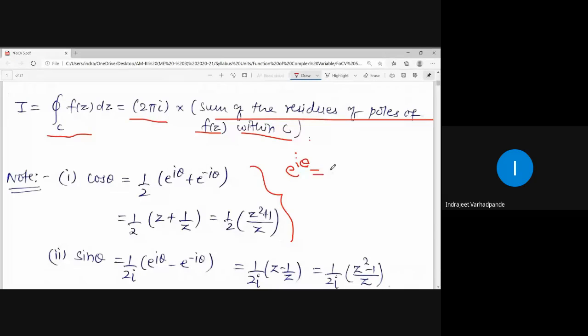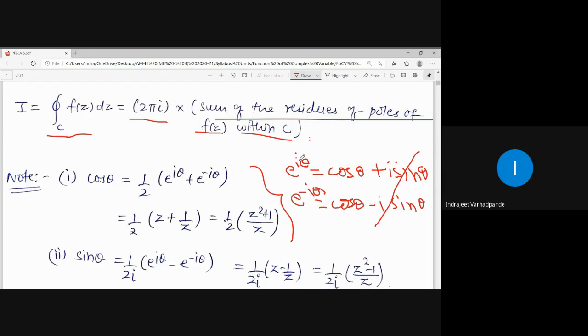E to the power I theta is cos theta plus I sin theta. What is e to the power minus I theta written as? क्या होगा ये? Cos theta minus I sin theta. So add करोगे दोनों को तो I sin theta cancel. 2 cos theta will be equal to e to the power I theta plus e to the power minus I theta.